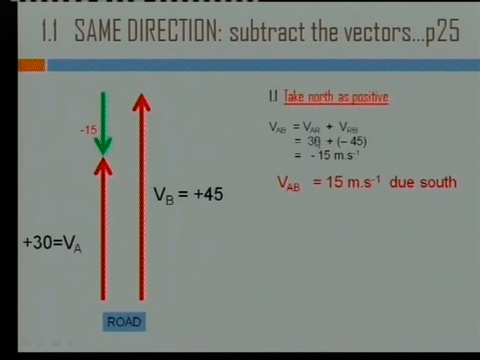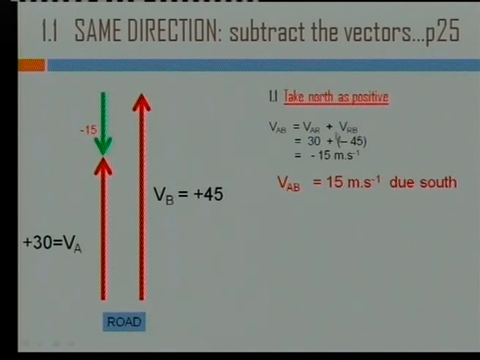Good. So it's 30. I'm adding it to the velocity of the road relative to B. So it's the road from B's perspective. So it means I am looking at that velocity from B's perspective.